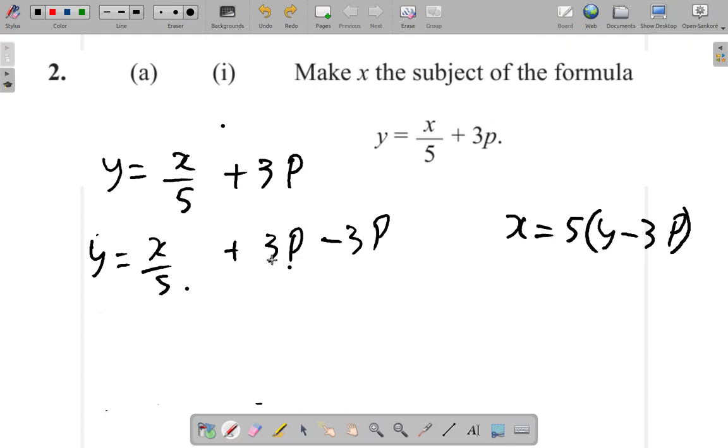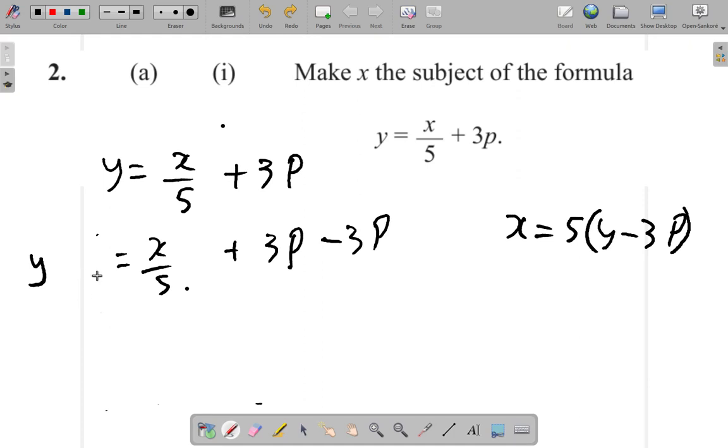Anything you do to the right, you must do to the left as well, because you want to maintain balance. If I subtract 3p from the right hand side, I reduced it by subtracting something, so it gets light. It's too light, so it will be off balance.